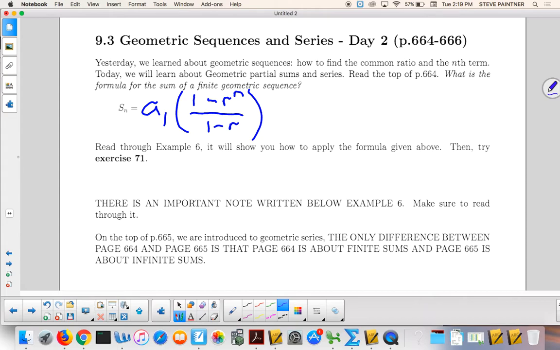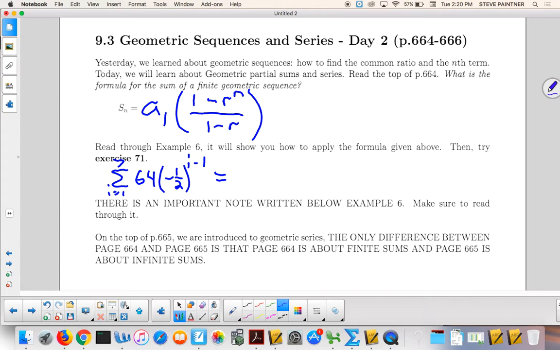So if you look at exercise 71 in your book, you will see it wants the sum from i equals 1 to 7 of 64 times negative 1/2 to the i minus 1 power. So this is a geometric sequence, and it's asking for the 7th partial sum.